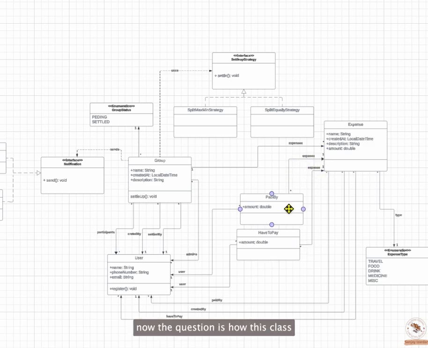Now the question is how these classes will be used. So let's take an example. A group with multiple people are going for a trip. Okay, few people have hired a car for that. So few people who have paid for the expense, they will be part of the paid by. Okay, and the total will be calculated from that paid by and it will be stored in this expense table.